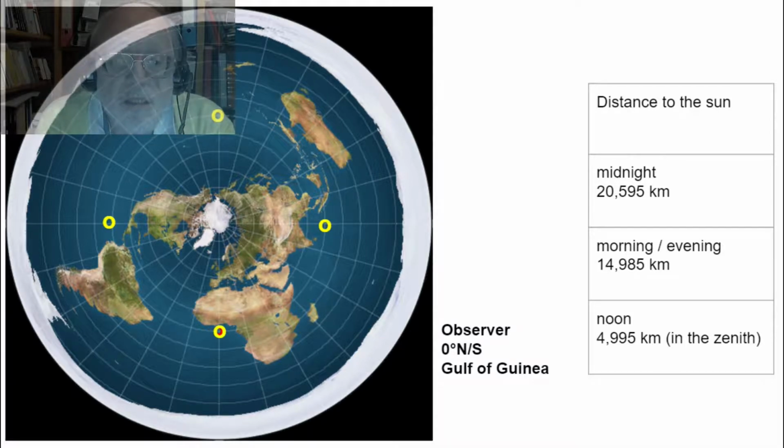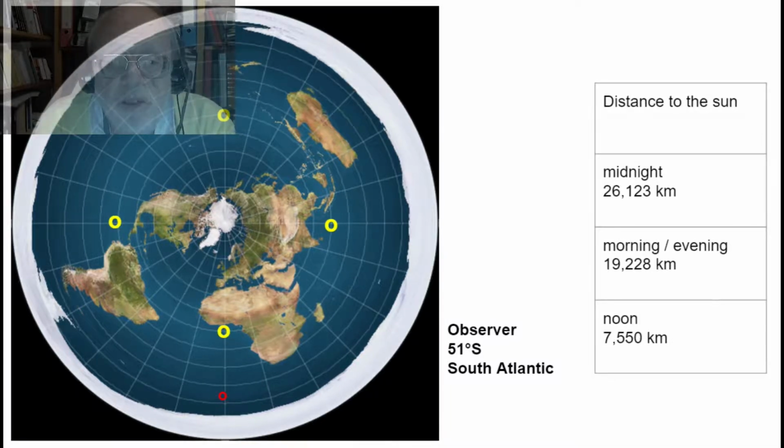At midnight the Sun is above a point on the other side of the Earth 19,980 kilometers away from the observer. The Sun is then 20,595 kilometers away.